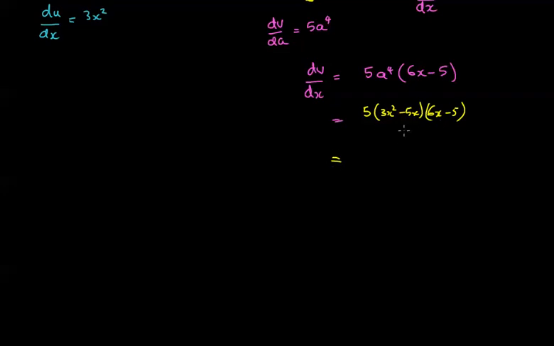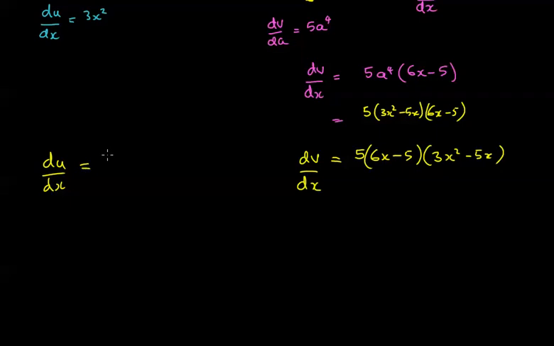I'm just going to rewrite this in a different order. I'm going to put the 5, 6x take away 5 first, and then the 3x squared minus 5x. Now this is dv by dx, and du by dx is 3x squared.